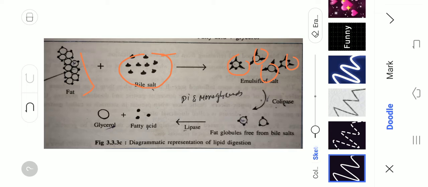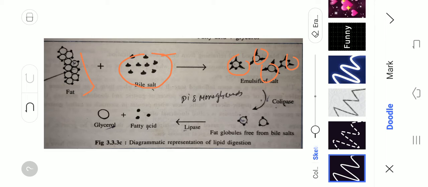When the bile salts cover the fat molecule, it is called emulsified fat. Then one enzyme is released, called the colipase enzyme. Before it is released, what happens is that when the bile salts surround the fat molecule, they break down the bonds of the fat molecules. Then the fat molecules become loose.